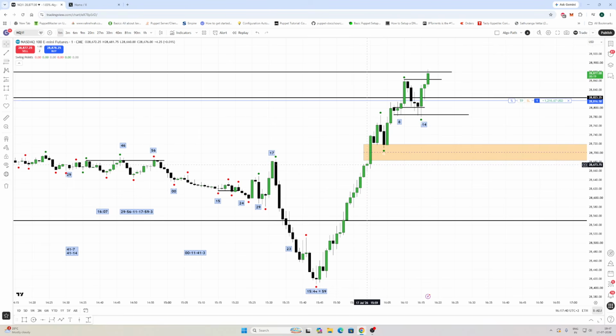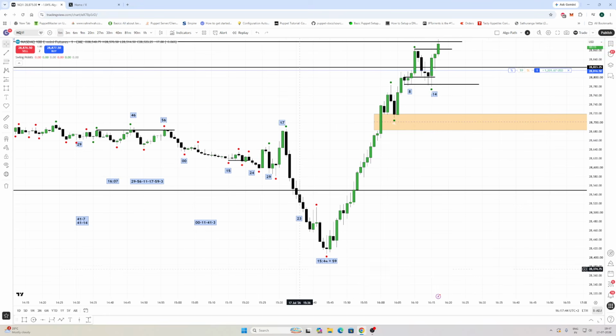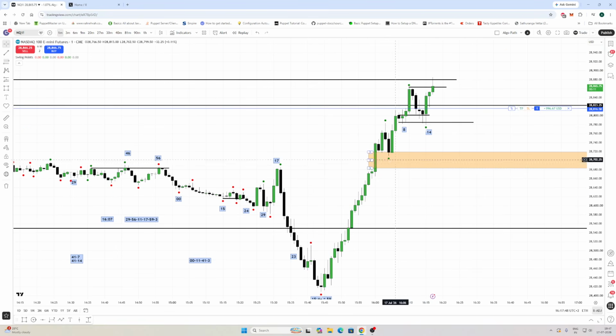And the market didn't do anything wrong as per the algo path. I was thinking this 59 pivot will be created, but it created it here itself, so we are okay. And here I didn't wait for this 8. If this 8 had also broken below this, then it was an easy shot for me, but I was a little bit impatient there.